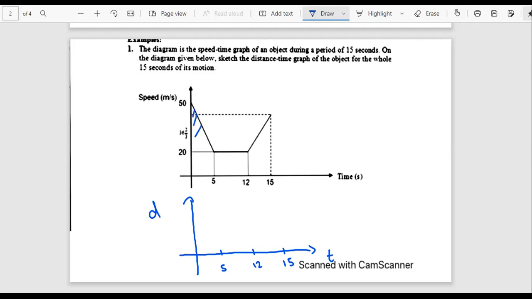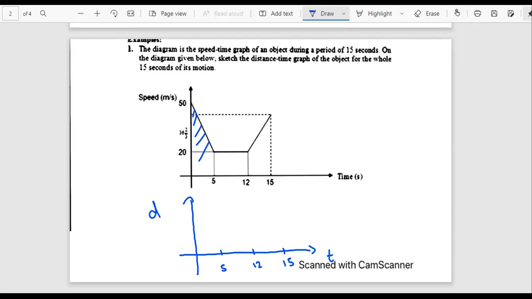You have to find the area of everything under. So it would be 30 times 5 divided by 2, which equals 75. And then you have 20 times 5, which equals 100.